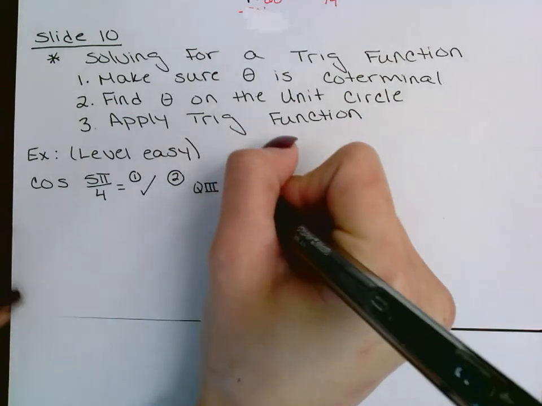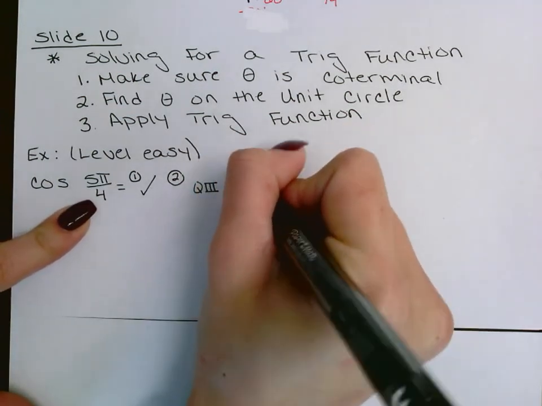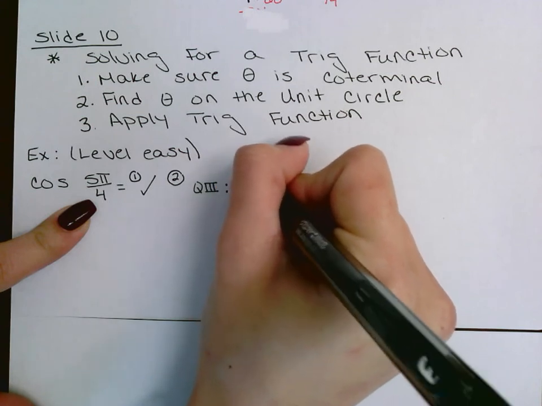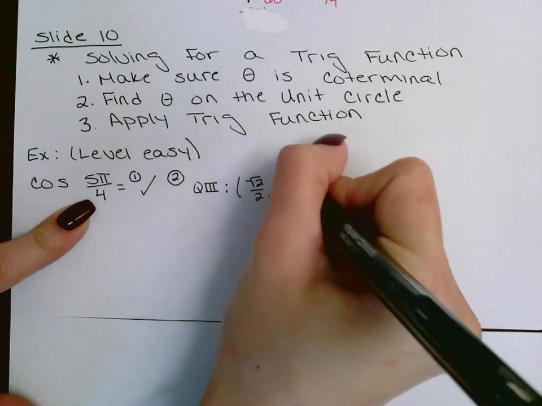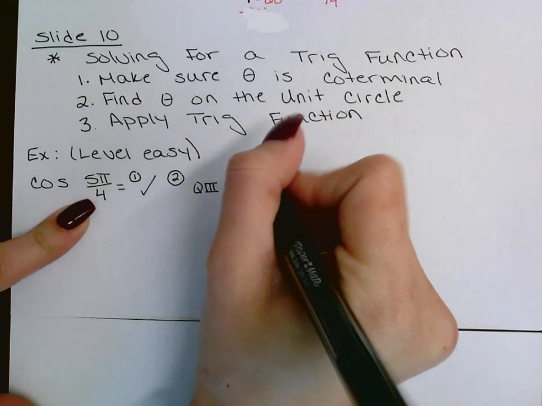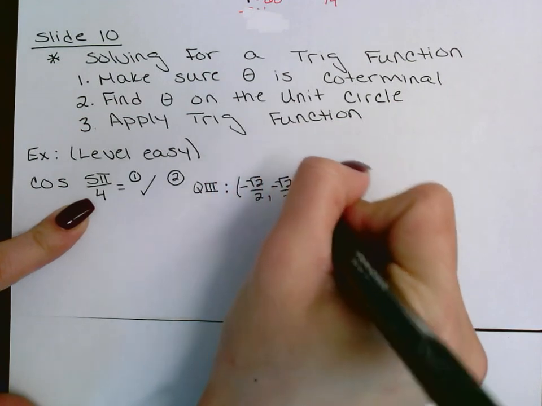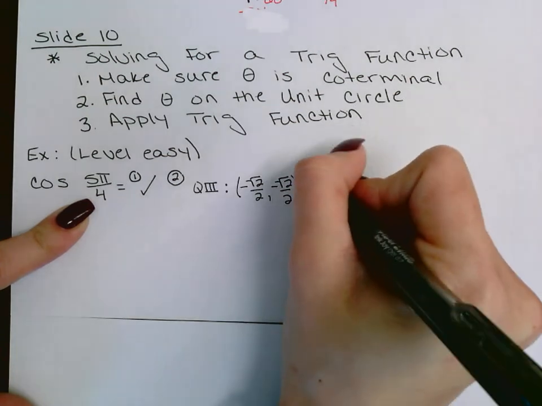Okay? Over 4, what's my ordered pair in quadrant 3? Over 4s have the same number, so radical 2 over 2 for both of them. And then in quadrant 3, they are both negative. Okay? You're done with step 2.